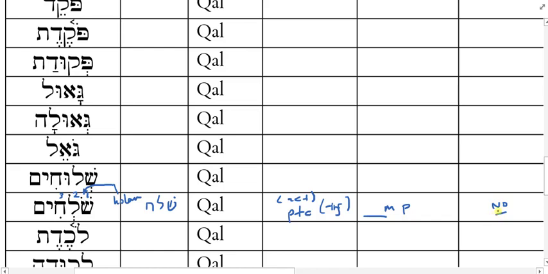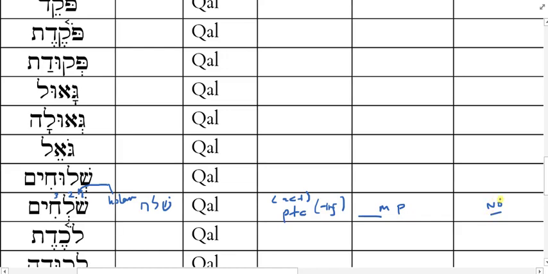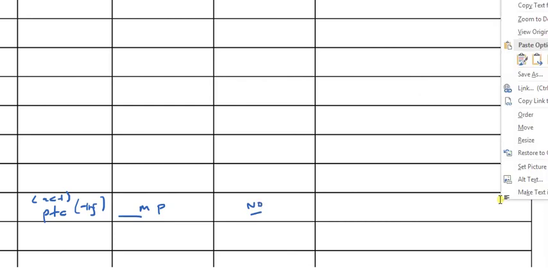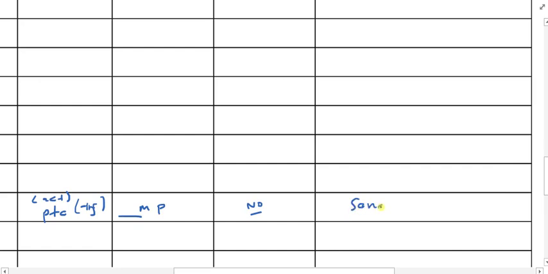All right, now what does shalach mean? This is one of our new vocab words. To send. So, how am I going to translate this? Sending, exactly. Sending. We use the -ing form. So whatever this is describing, that thing or person is doing the sending.